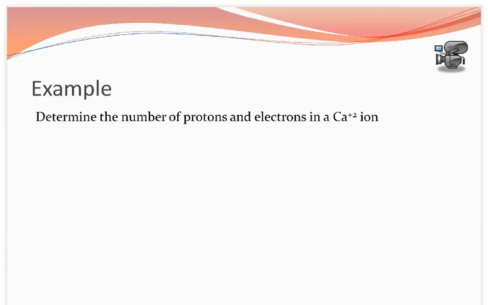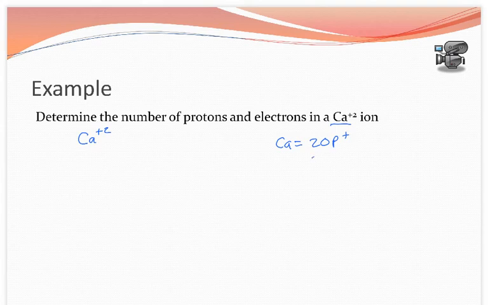Now let us see how we determine the number of protons and electrons when we are given the ion. So here we are given calcium plus 2. We can use our formula, or we can think about it logically. We know that calcium has an atomic number of 20, so it has 20 protons. That should be very easy for you to always answer. If you're given the name of the element, you should automatically know the number of protons.